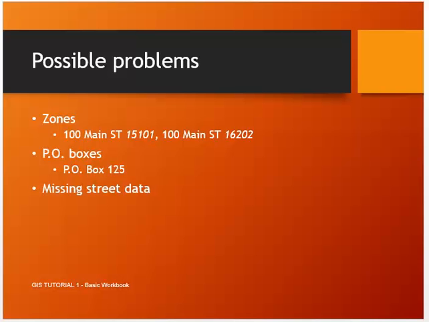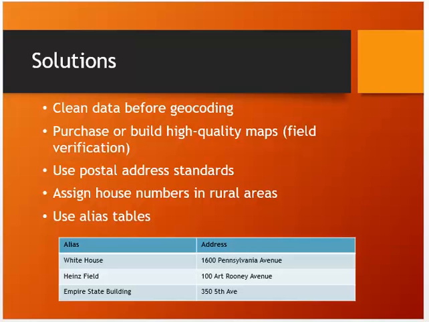I'm going to plug here in a minute spending time with your data and understanding what it is. So we'll get to that right now. A lot of your problems can be rectified by spending time ahead of your geocoding with your tabular data, understanding what it is, how it's built, how it's developed.